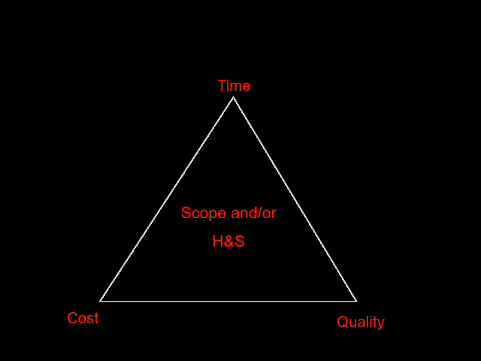So you've got your cost that's available from the client, you've got the time, he wants it done within a specific time, and he wants it at a certain quality so that he can actually make money out of it. So, and obviously you need to know what the scope is. Are you building a 3-story house? Are you building a 1-story house?